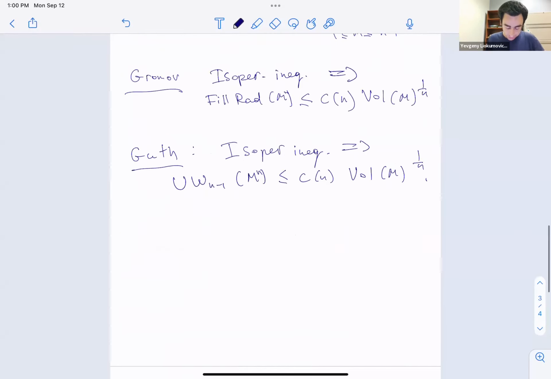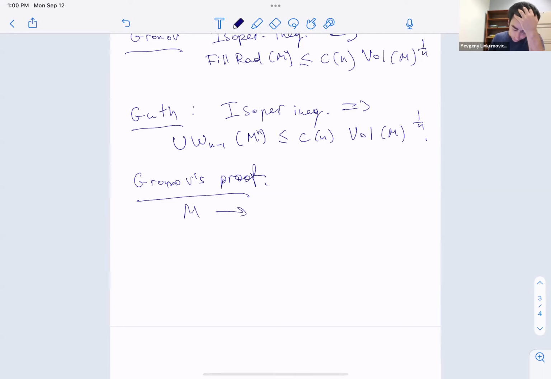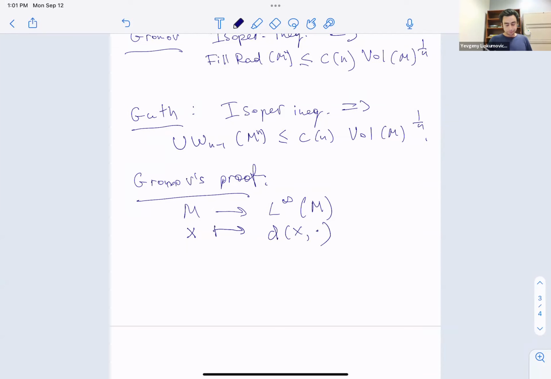So let me comment a little bit on the ideas in the proof. So Gromov's proof went by embedding manifold M into the space of L-infinity functions on M. So this is the famous Kuratowski embedding, which takes a point x and sends it to the function that is the distance from x.